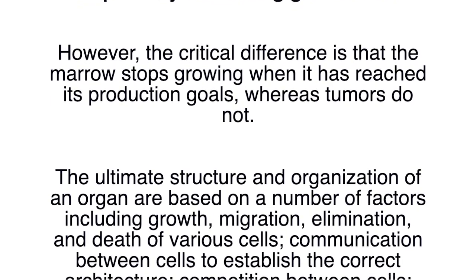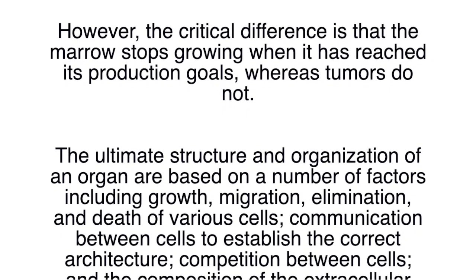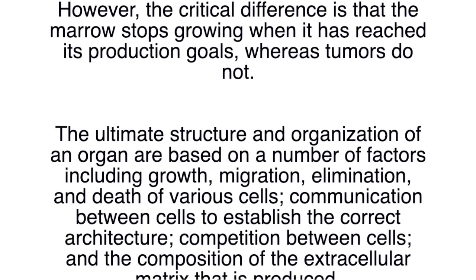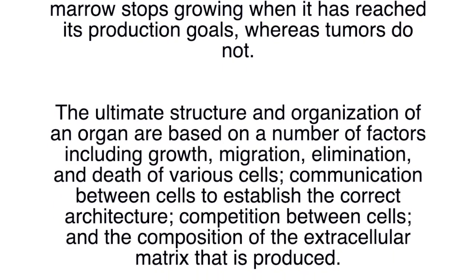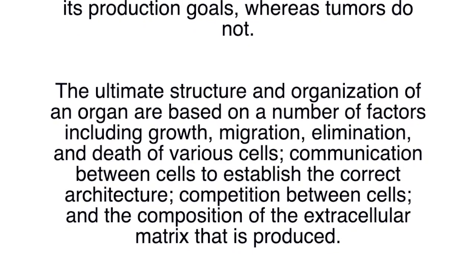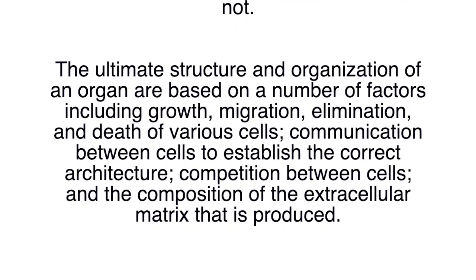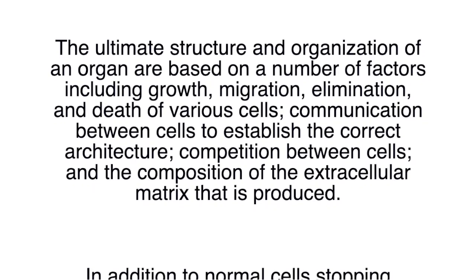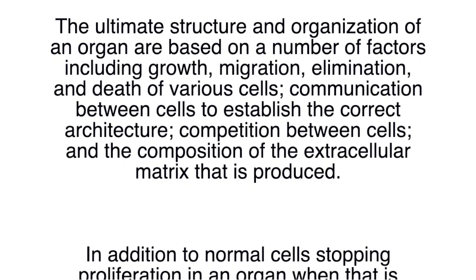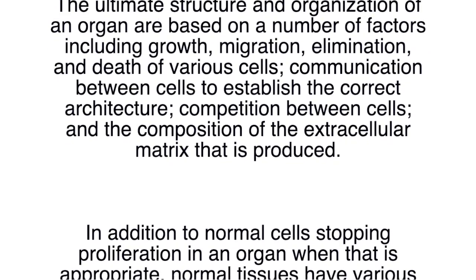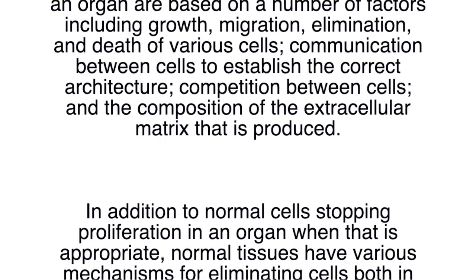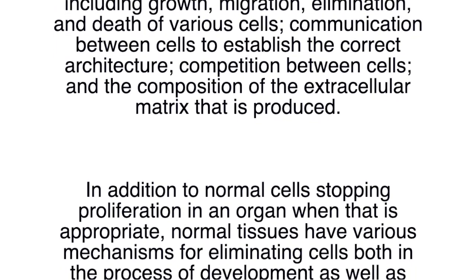The ultimate structure and organization of an organ are based on a number of factors including growth, migration, elimination, and death of various cells, communication between cells to establish the correct architecture, competition between cells, and the composition of extracellular matrix that is produced.